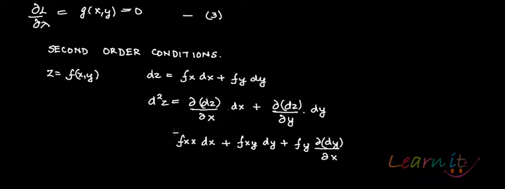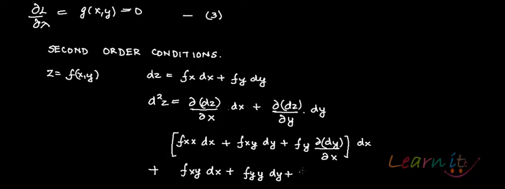Okay, this is this term del of dz by dx into dx, plus, now differentiating this dz with respect to y, for this term, which will be f of xy dx plus f of yy dy plus f of y del of dy by del of y dy.